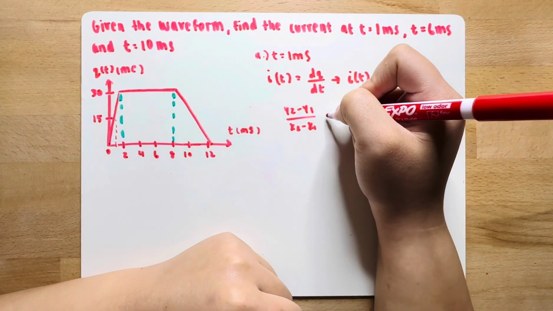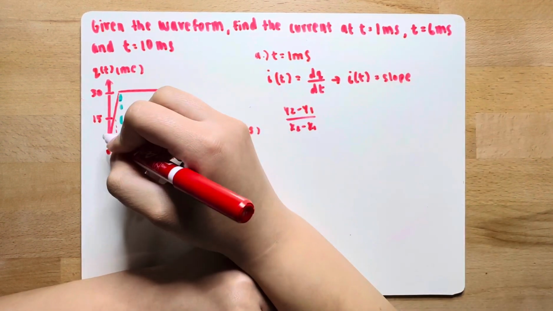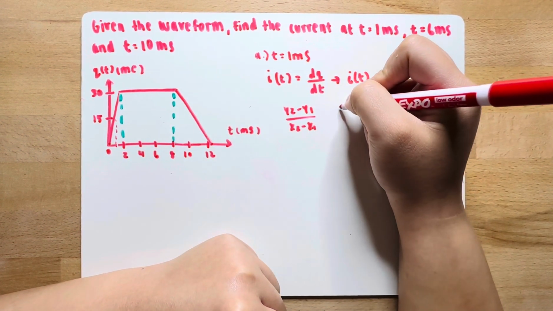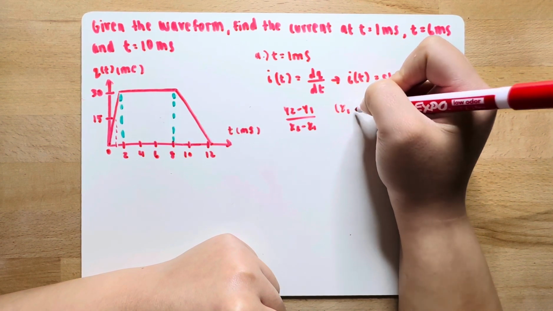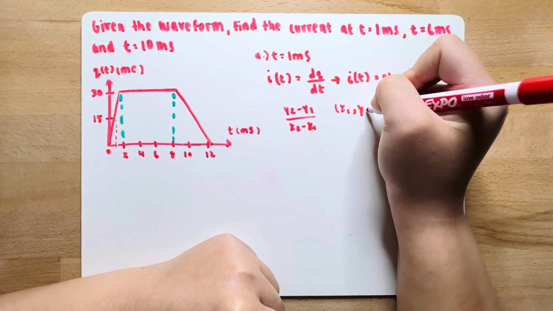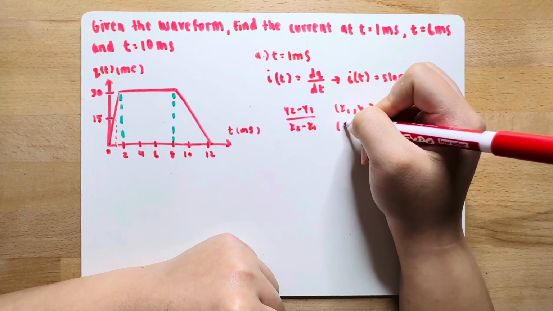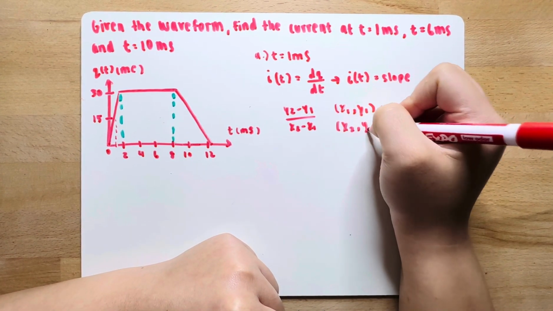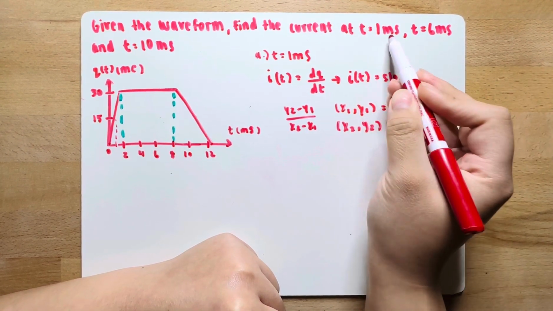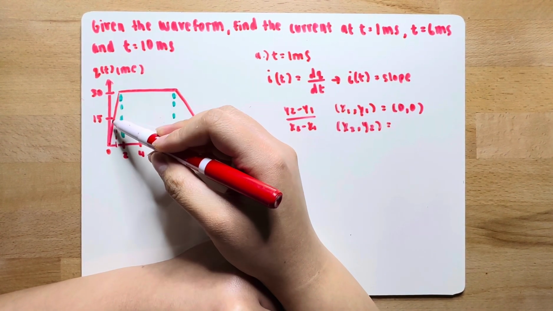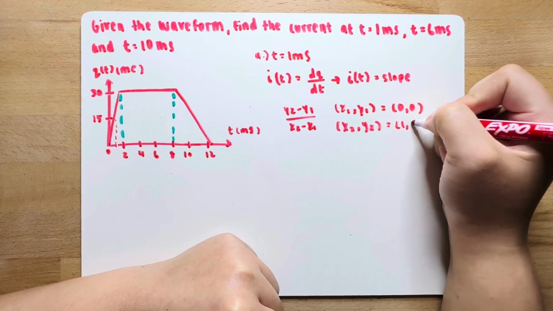So let's pick a point, any point. Let's pick 0, 0, okay? Let's name that x1 and y1, which is equal to 0, 0. Now, our second point, x2, y2, is going to be wherever this is, which is 1 and 15.